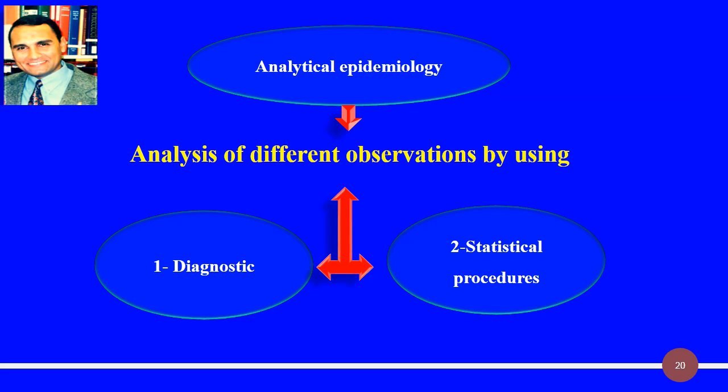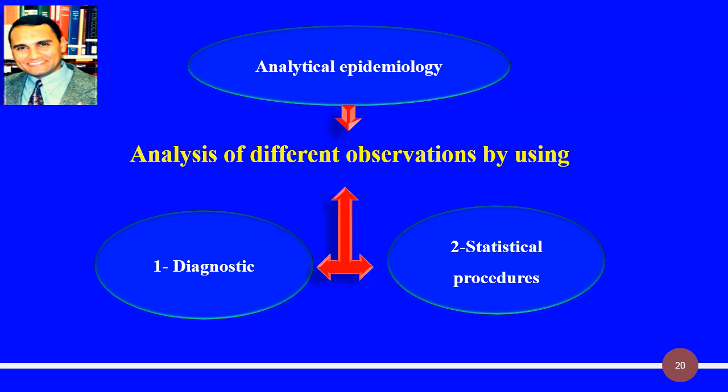Thus, analytical epidemiology is concerned with the search for causes and effects, or why and how. It is used to quantify the association between exposures and outcomes and to test theories about causal relationships.